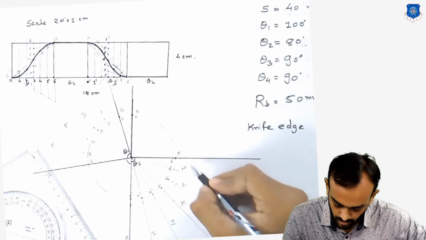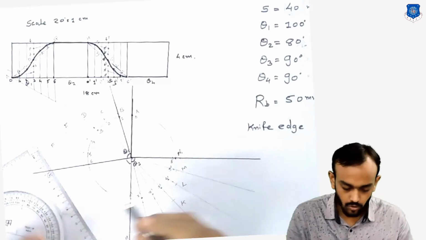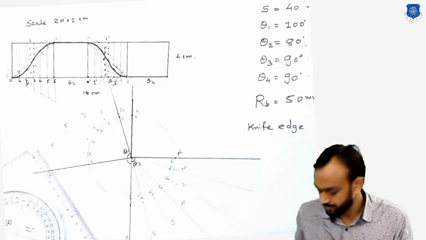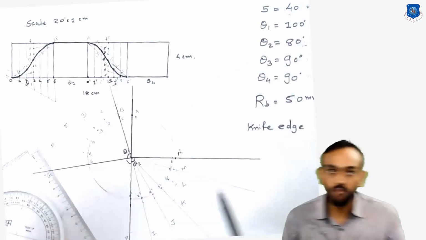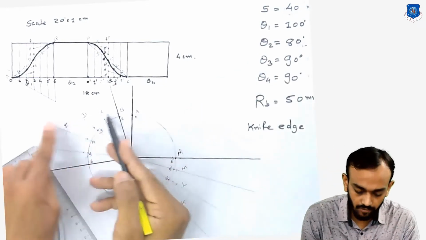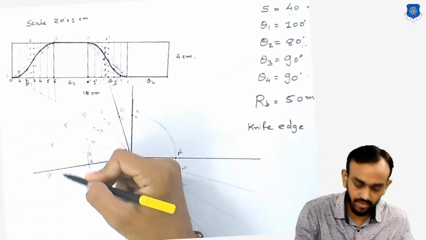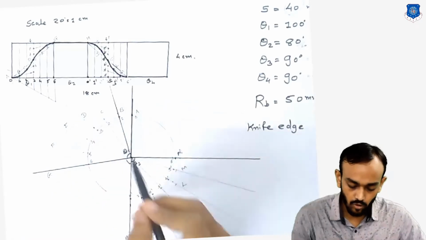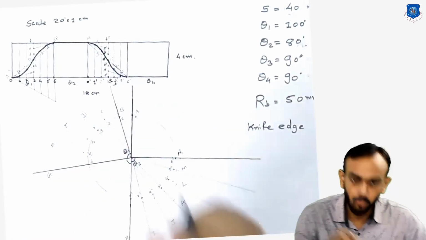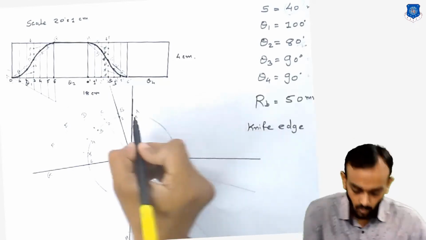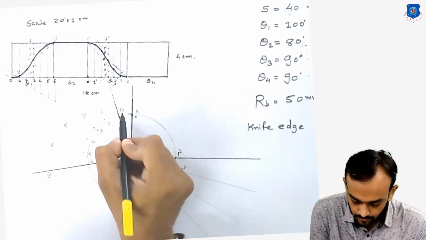Now we will draw the curve through each arc point we get here. Basically this curve must be as smooth as possible, like this.